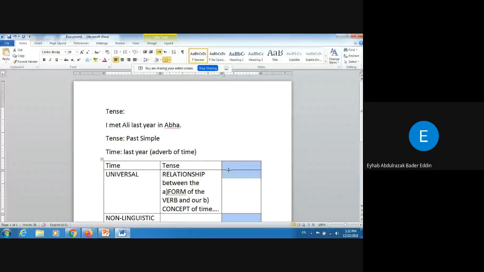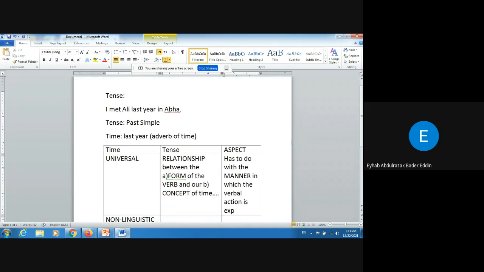Now, aspect is also important, and a lot of people get confused when they are asked about aspect. Aspect actually has to do with the manner in which the verbal action is experienced. So what is meant by aspect, or by the manner in which the verb has been done?